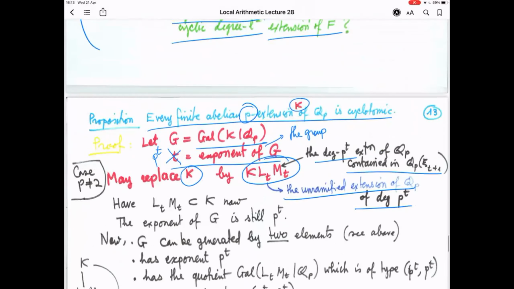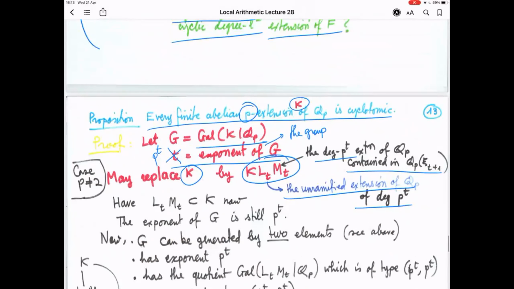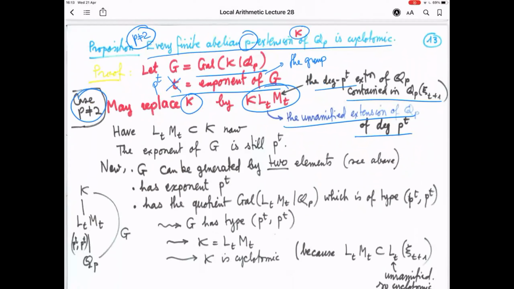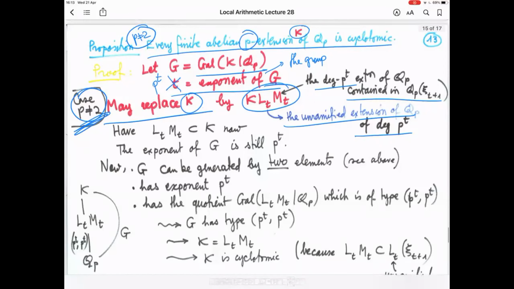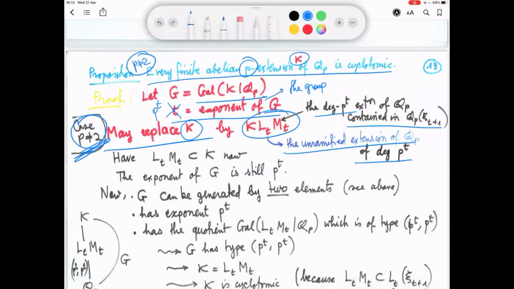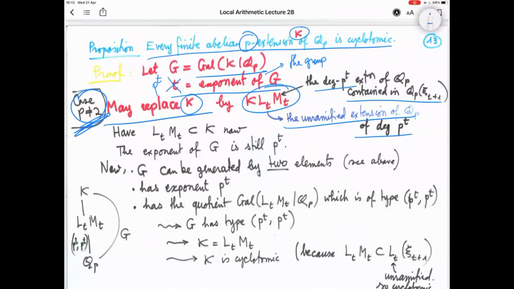Am I assuming that p is different from 2? Yes, I'm assuming p is different from 2 from here onwards. In the statement, it's true for p equal to 2 as well, but you need to distinguish the cases when proving it.